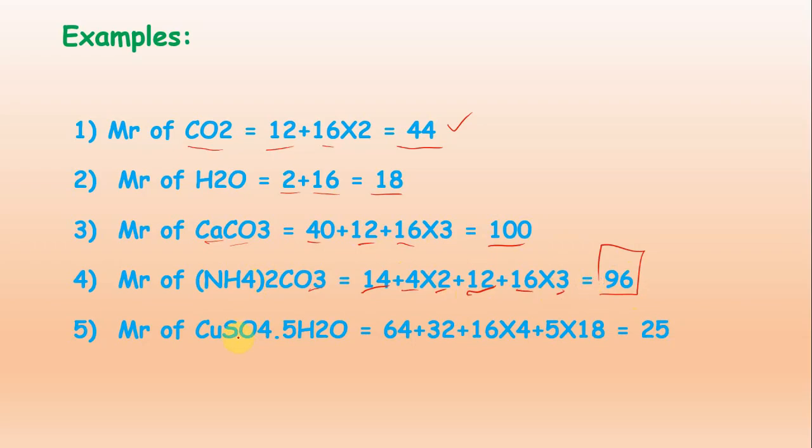Then Mr of copper sulfate hydrated with water: copper 64, sulfur 32, and then oxygen 16 multiplied by 4, then water has 18, which we multiply by 5, that will be 252 total. So this is the way to calculate the Mr of compounds.